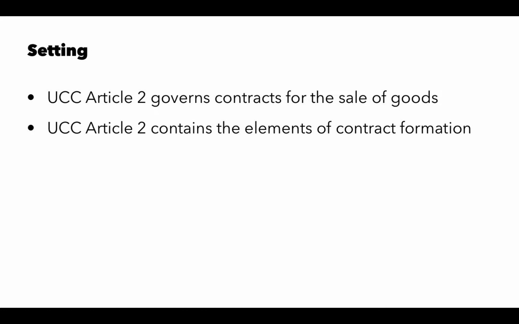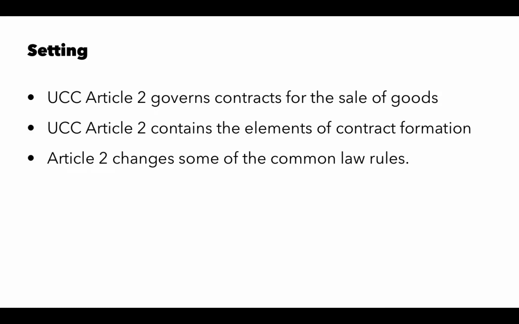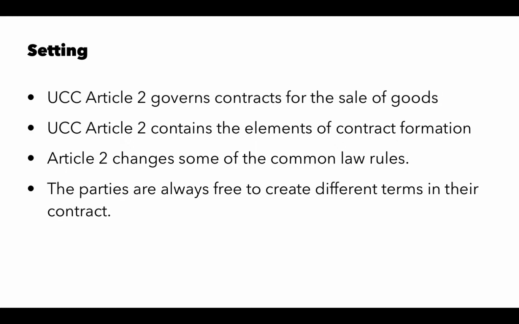So UCC Article 2 is going to govern contracts for the sale of goods, and Article 2A governs lease of goods, of course. Article 2 contains the elements of contract formation, and as I said, Article 2 changes some of the common law rules. These UCC changes are designed to facilitate the free flow of commerce.